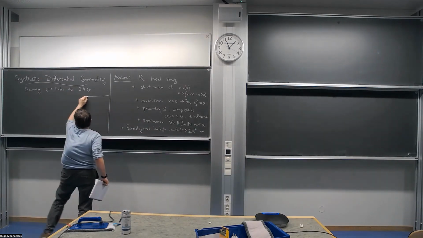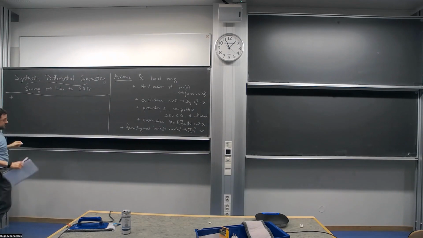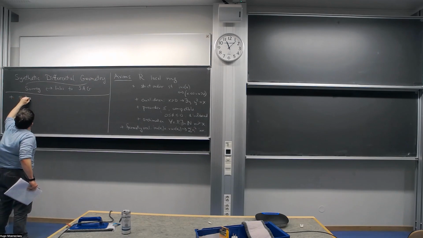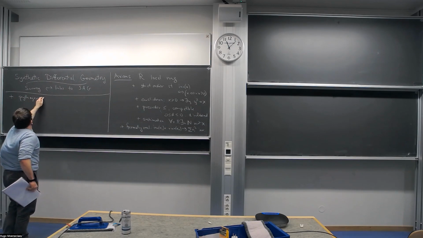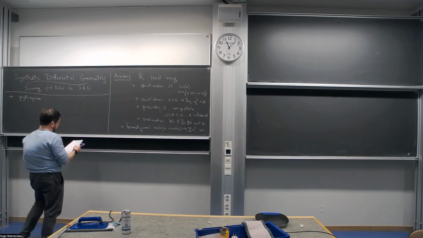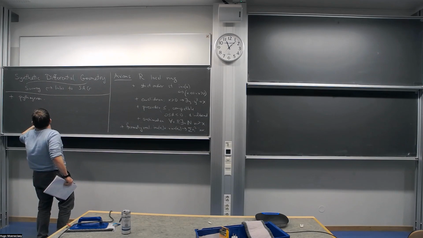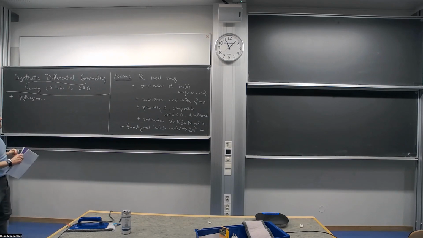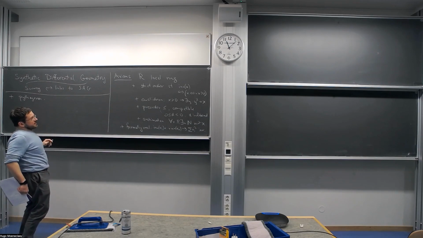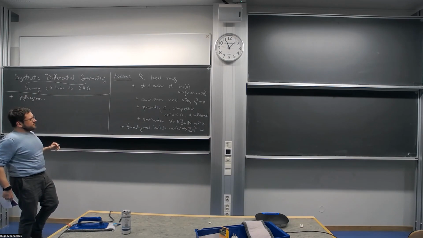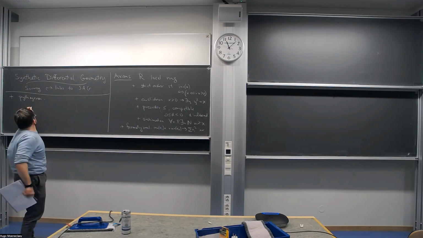Then there's the Pythagorean condition, which says that if the sum of squares is invertible, then you have a square root. I think if you combine formally real plus Euclidean, you basically get this.